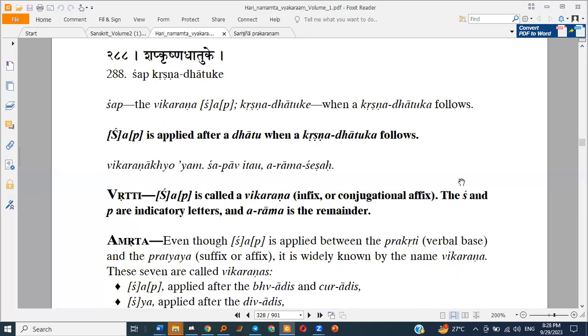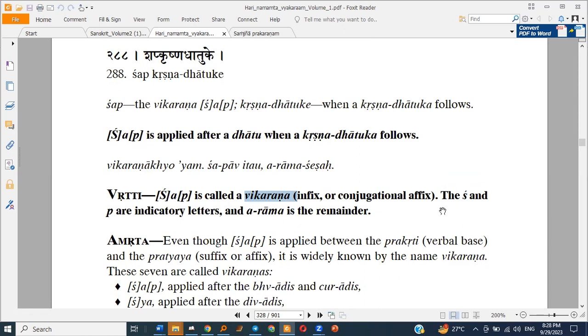Understood? Now this shap is a pratyaya, but this pratyaya is also known as vikarana, which means conjugational affix.